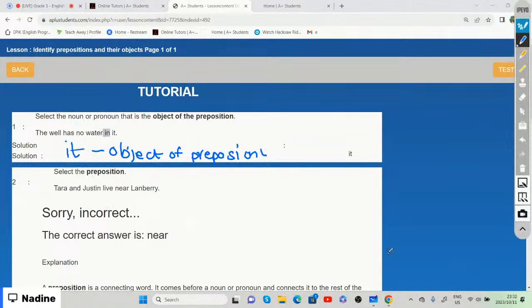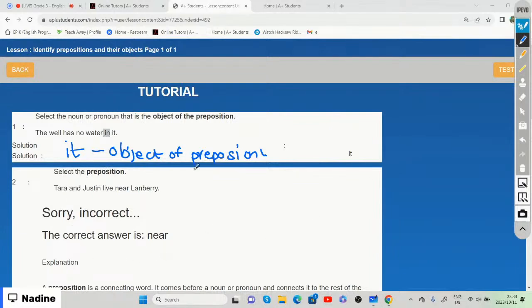All right. So now we need to select the preposition. Tara and Justin live near Landbury.